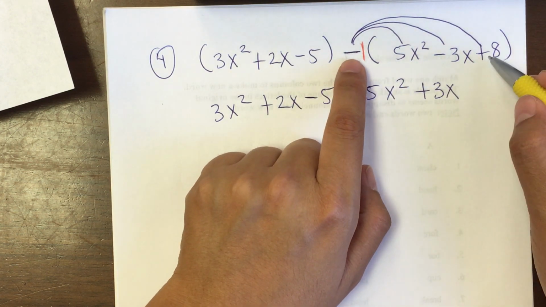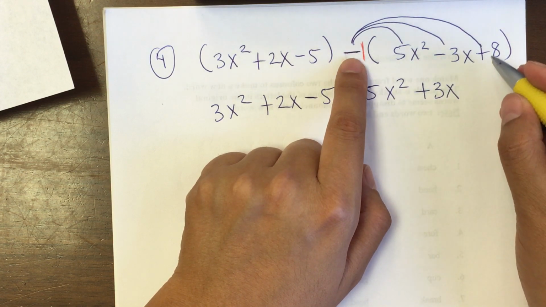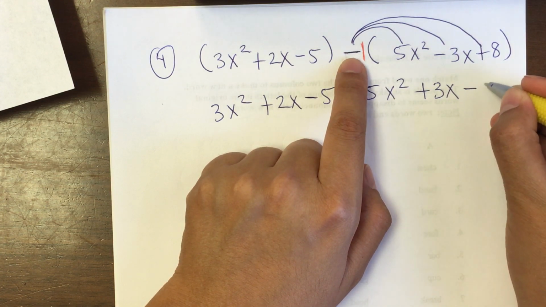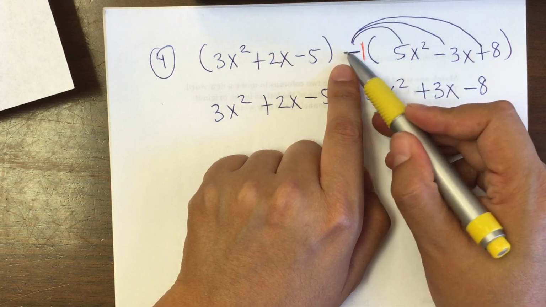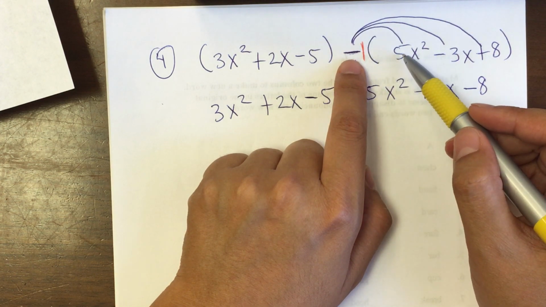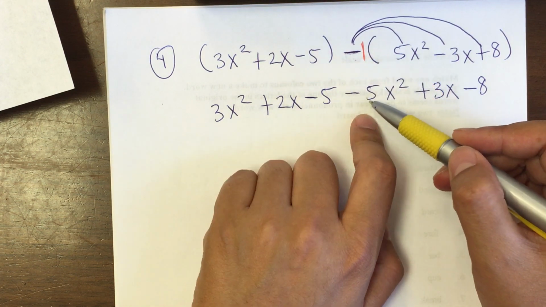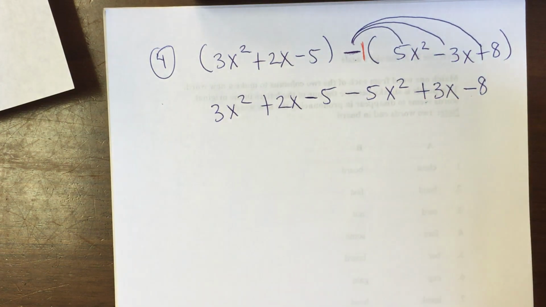So what do you think is going to happen for the last one? Negative 1 times positive 8. Negative times positive is negative 8. It changed in here. So anytime you have a minus outside of a parenthesis, in reality, all it does is change the sign, changes the sign, and changes the sign.